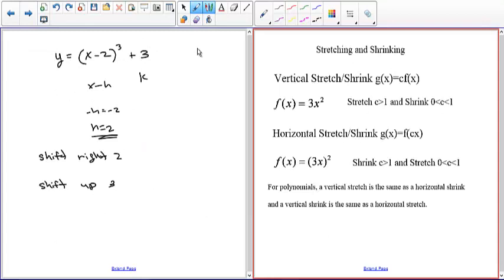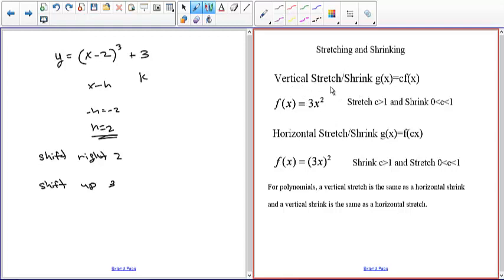Okay, so we've talked about translation in the x and y directions. We talked about reflecting across the x and y axis. Those are all pretty easy because you keep the original shape. In terms of, I always want to say stretching and shrinking.